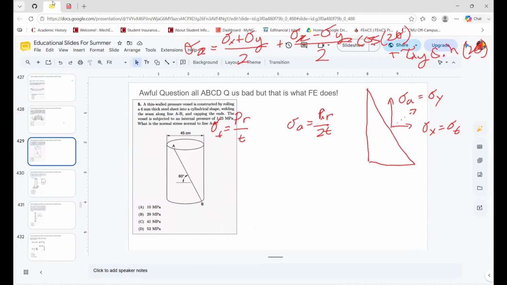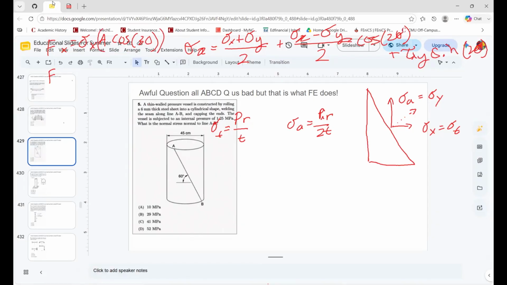So the first thing to do is Fx equals sigma x times A times cosine 30, because we need to get the cosine of that. If we're doing the horizontal force, the force in the horizontal direction is going to be Fx equals stress multiplied by the area. And this is a common theme over here.